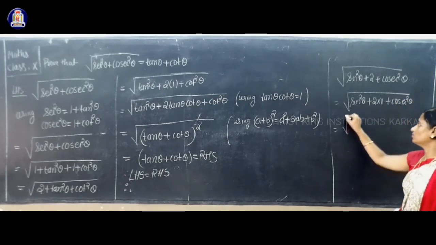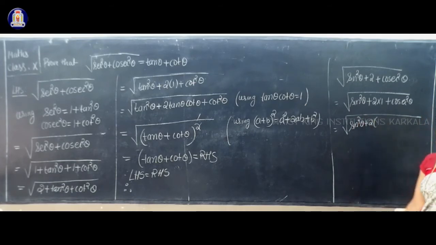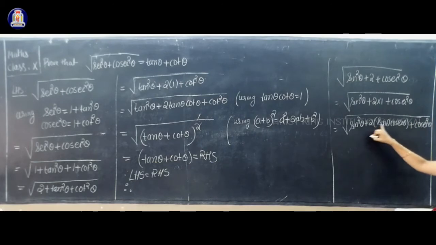So that is equal to square root of sin square theta plus 2 into 1. Sin and cosecant means sin theta into cosecant theta plus cosecant square theta. Is it right or wrong? So 2 sin theta into cosecant theta is 1.